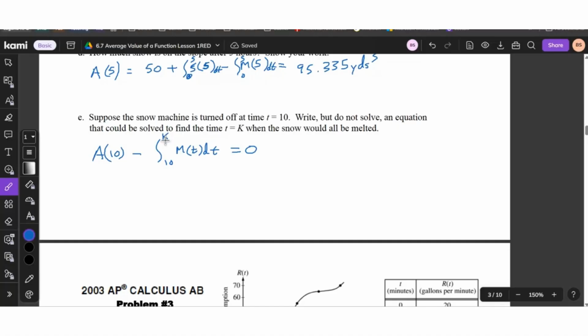There's no new snow added. And so then it would be like this. Or you could say A of 10 equals the integral from 10 to k of m of t dt. That would also be correct. They both would work. Any questions, or does that make sense?